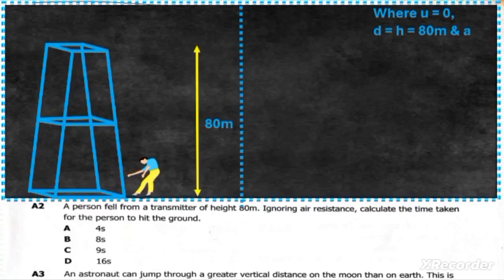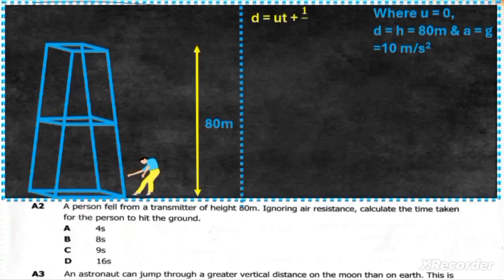Then, since we are talking about the distance in vertical, the distance is height, and the height is equal to 80 meters. And the acceleration we are talking about here is gravitational acceleration or field strength, which is 10 meters per second squared.